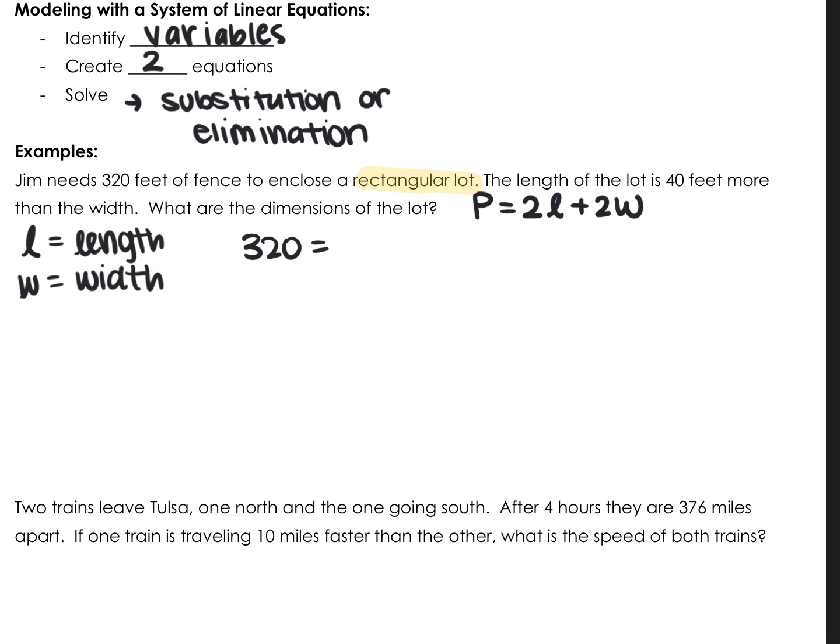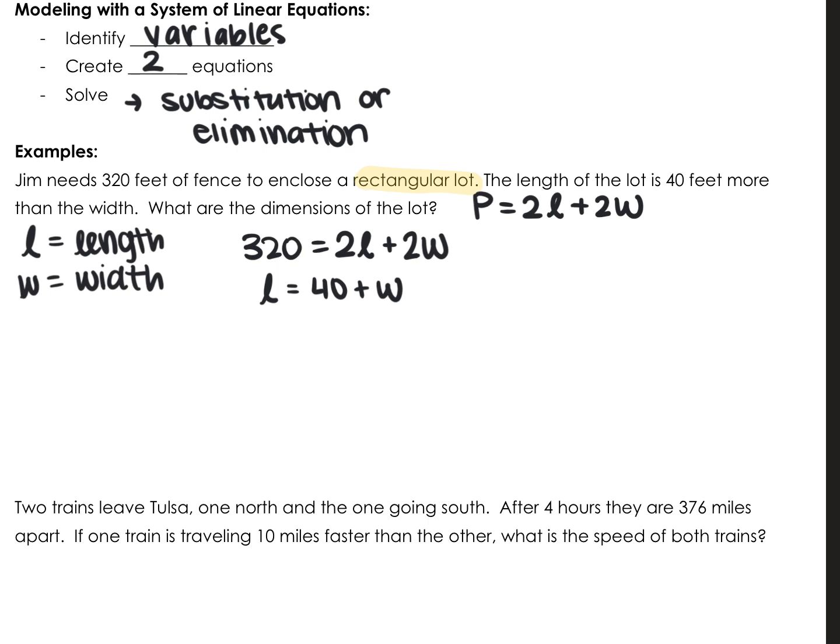So 2 times the length plus 2 times the width equals 320. We also know the length is 40 feet more than the width. So it also tells me the length is 40 plus W. So whatever the width is, if I add 40 to it, it will give me the length.